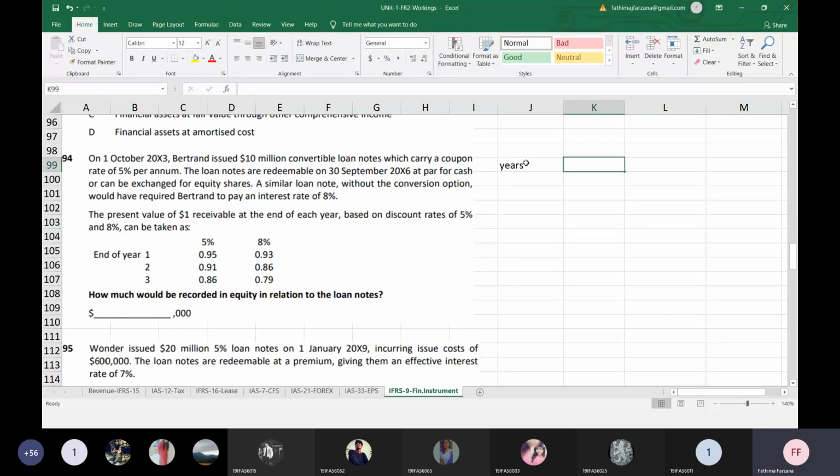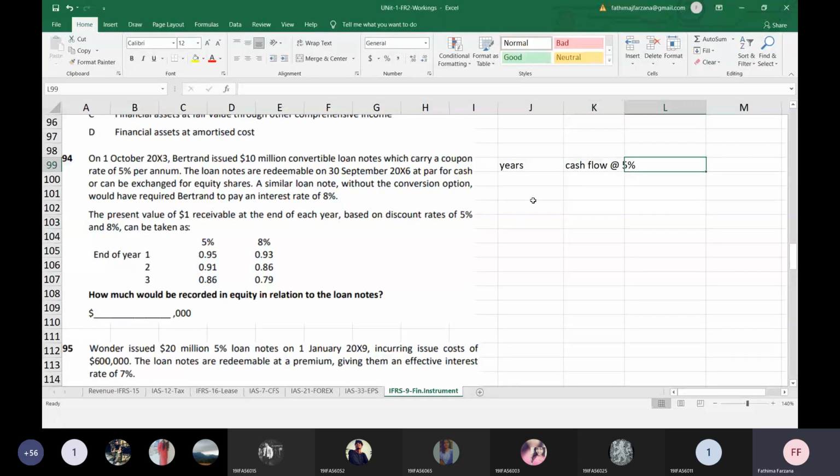What cash flow? 10 million convertible loans which carry a coupon rate of 5% interest. 5% interest, cash outflow or amount paid. Cash flow from the company's point of view, it will be easy. Cash flow at 5%.